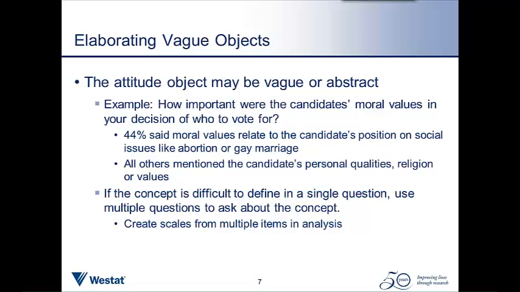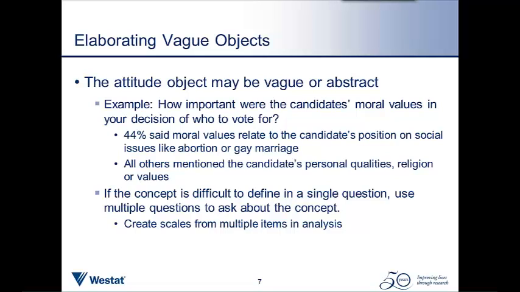And when this survey probed to find out what people were thinking about when they answered this question about moral values, less than half of the people were thinking about the candidate's position on social issues. And then all the others, more than half of them, were thinking about personal qualities, the candidate's religion, the candidate's values.